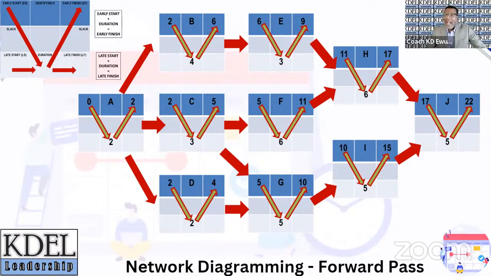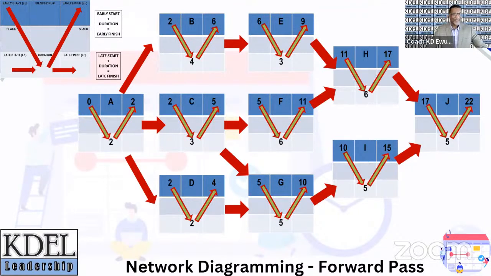The forward pass is calculated on the understanding that when you add the duration of a task to the early start date, you arrive at the early finish date. This sequence is depicted, as I said, by the green arrows that you observe.